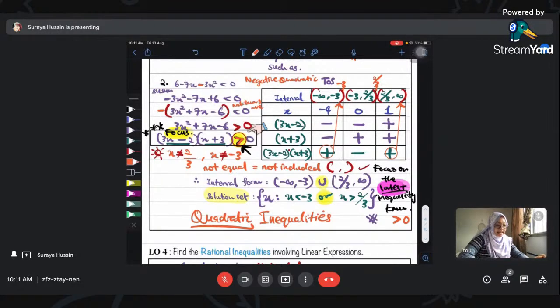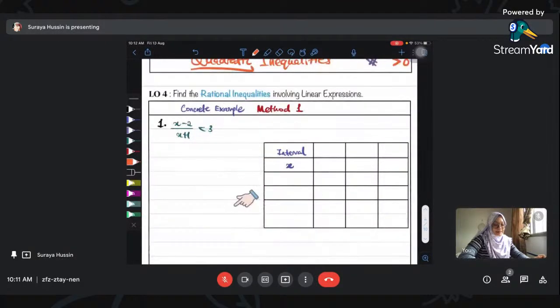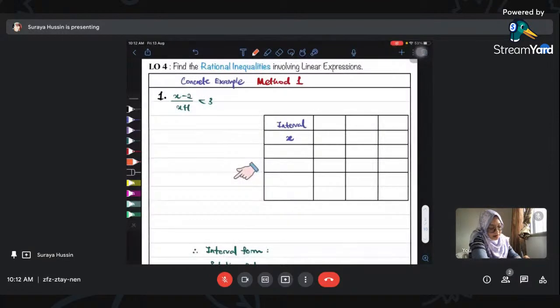Okay, now let's go to the rational inequality. Okay, marilah kita ingat balik apa maksud rational. Okay, rational dekat sini, guys, what does it mean by rational? Apakah maksud rational? Do you know that rational is coming from the word ratio? Ratio bermaksud nisbah.